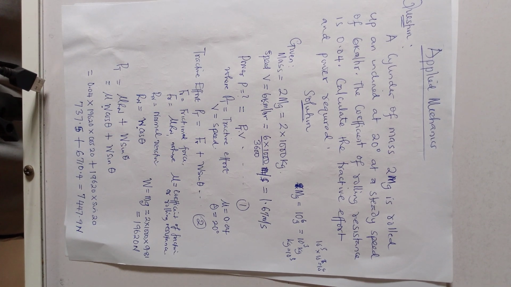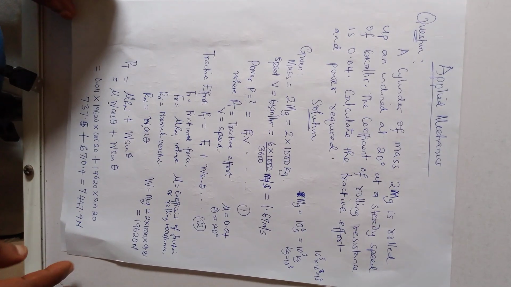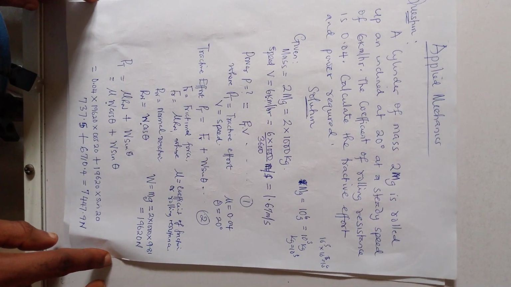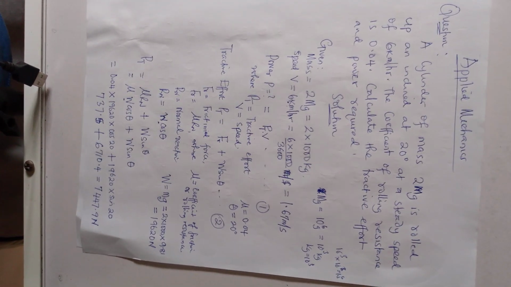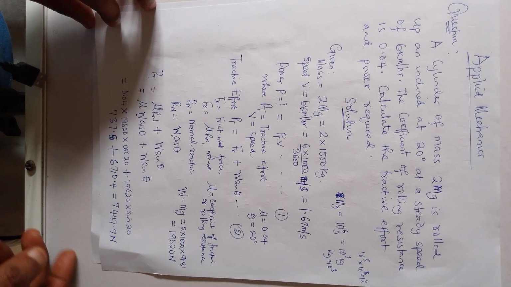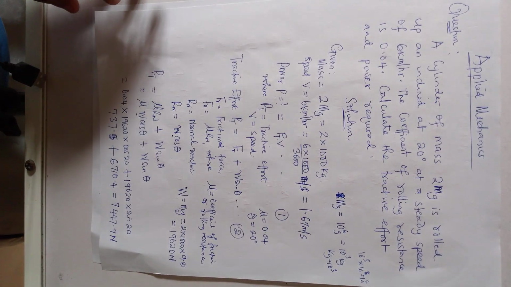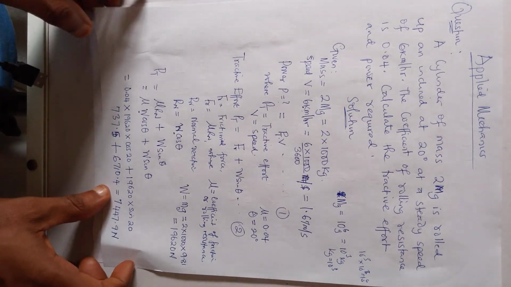And then when you are done calculating the tractive effort, you know that your power required is tractive effort multiplied by the speed. And so this is the first part of the solution. And hope you can see it clearly.